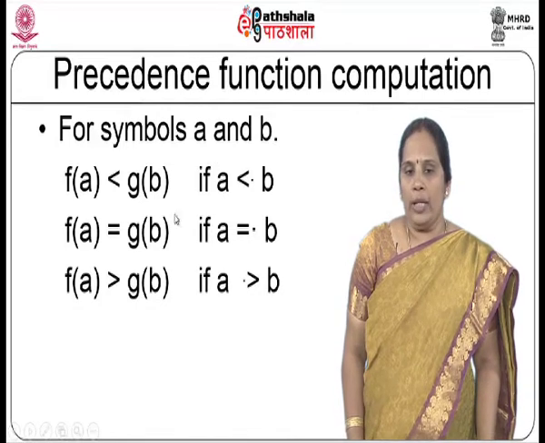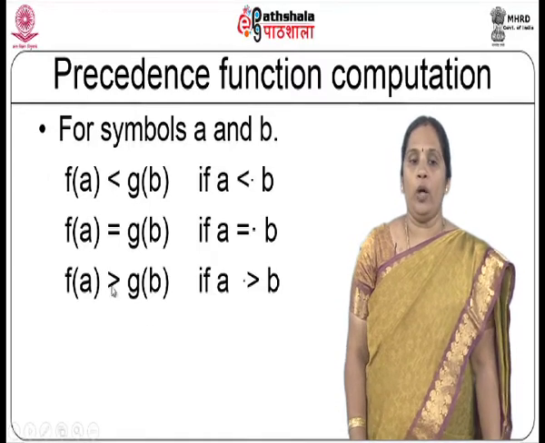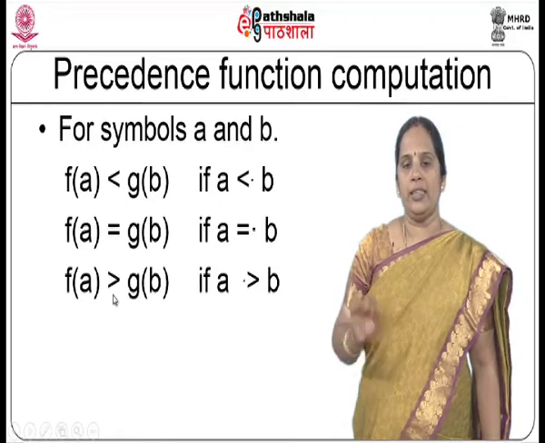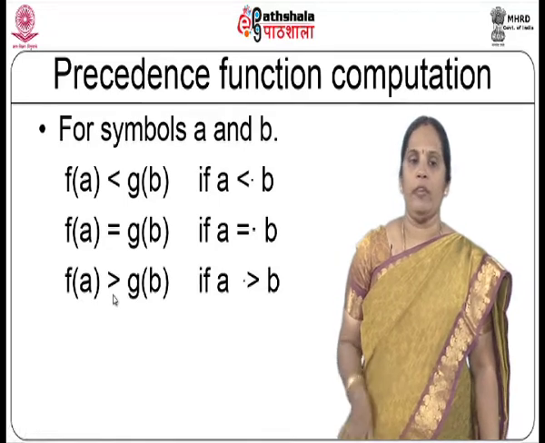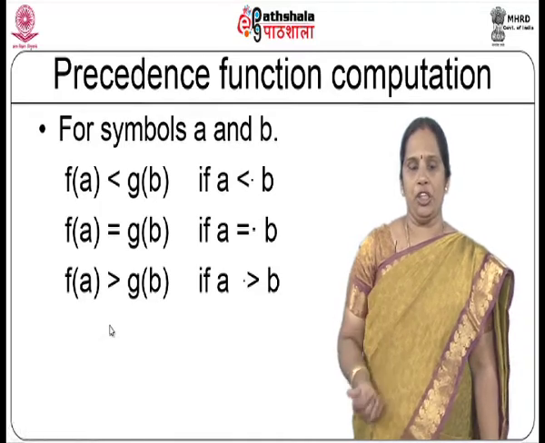So, you look at the precedence table and you assign the function values as f of a is less than, equal to or greater than g of b, and this is done for all possible combinations of a and b. Where the table entry is empty, you will not have this relationship defined.